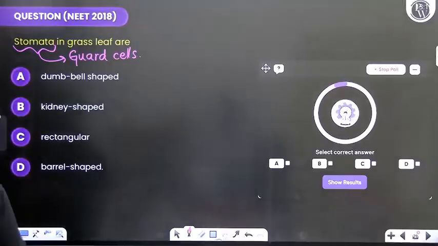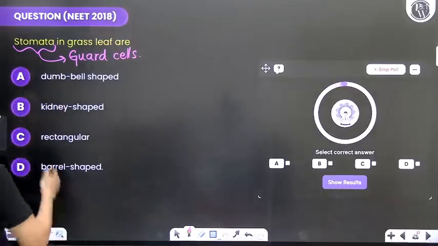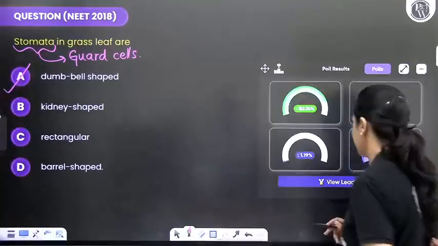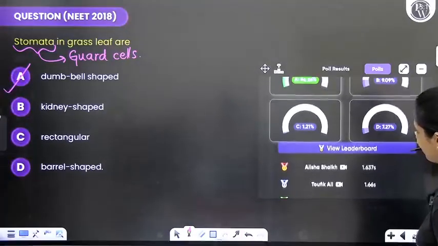Since grasses are monocots, you find dumbbell-shaped guard cells. Option A is the correct answer.